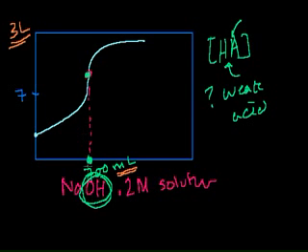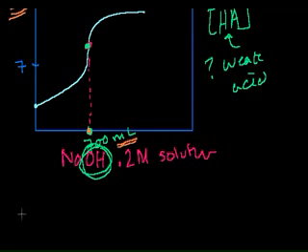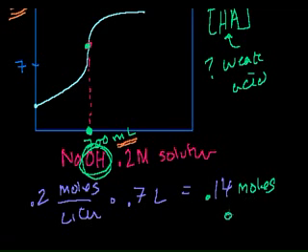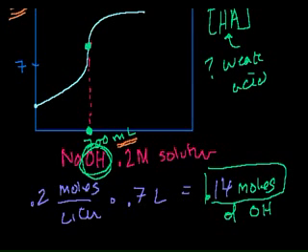Obviously, as we add reagent, we're adding some volume to the solution, but let's just say that in the beginning we started with 3 liters. So how many moles have we sopped up? Well, how many moles of OH- are there in 700 milliliters of our solution? We have 0.2 moles per liter of OH- times 0.7 liters, right? 700 milliliters is 0.7 liters. 2 times 7 is 14, and we have two numbers behind the decimal, so it's 0.14 moles of OH- that we put into this solution, which means it canceled out completely with the same number of moles of our original acid.